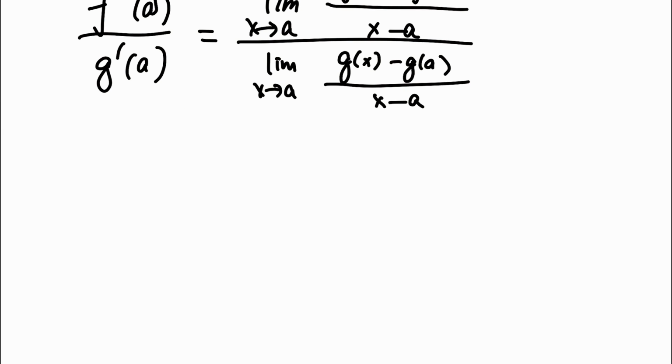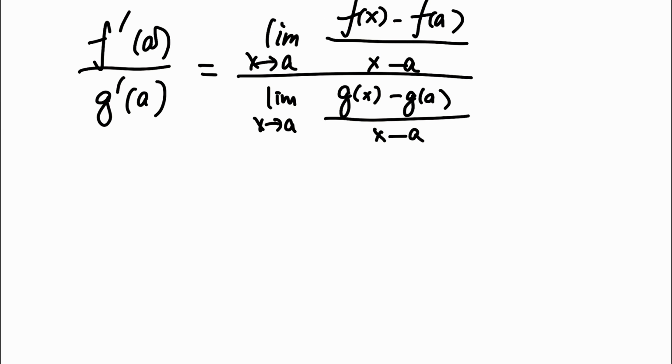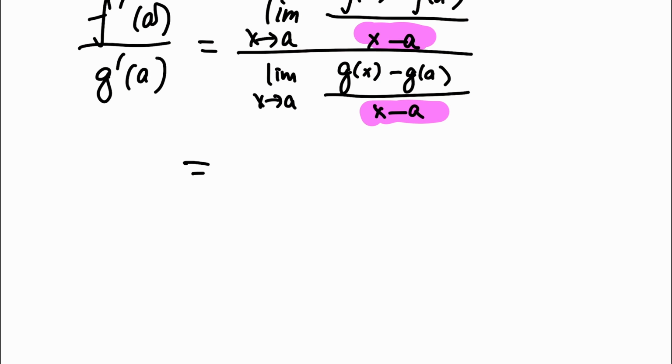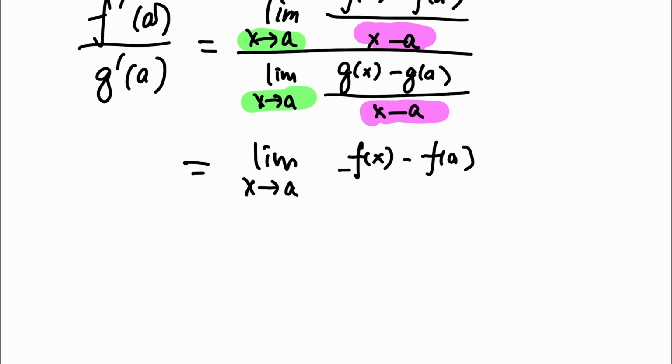But then they have the same denominator, so we can just get rid of the denominator and combine the two limits into one because both of them are approaching a. So that's the limit as x approaches a of f of x minus f of a over g of x minus g of a. Want to evaluate this thing.